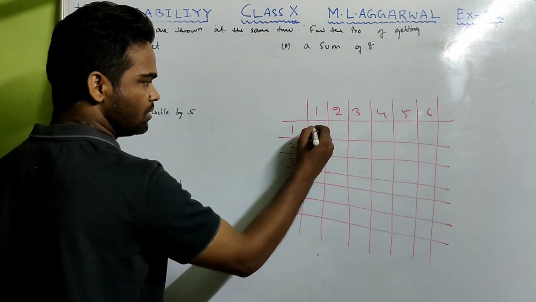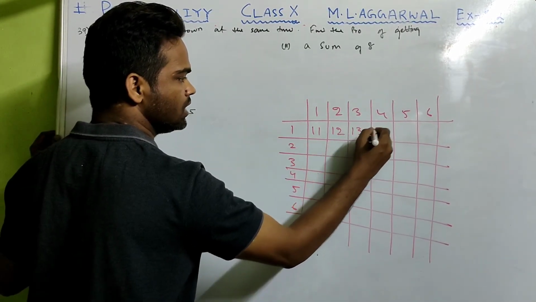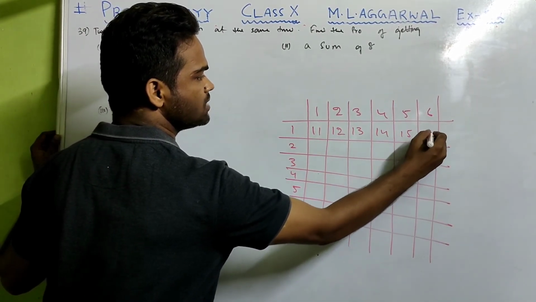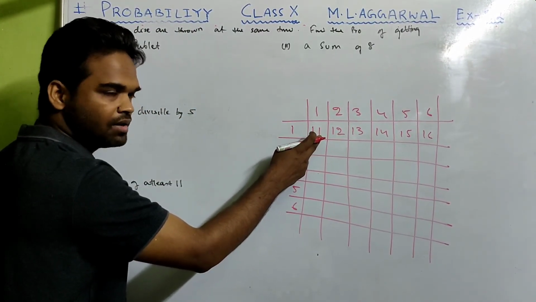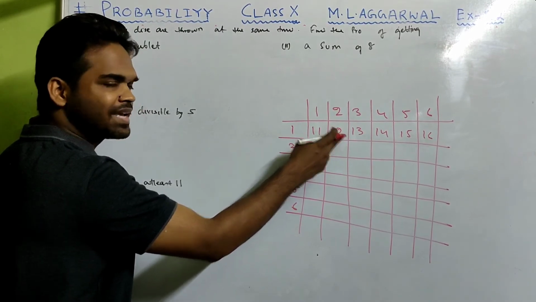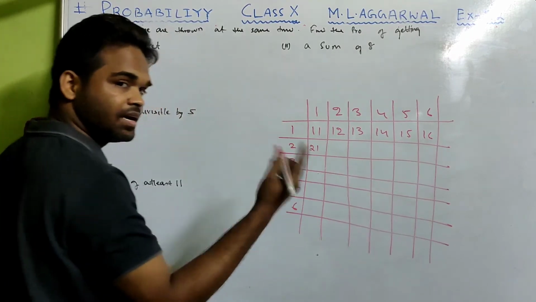So 1 can come: 1,1; 1,2; 1,3; 1,4; 1,5; 1,6. It may happen that on the first die you have 1, on the second die you have 1, or on the first die you have 1, on the second die you have 2, like this. Now on the first die you have 2, on the second die you have 1.